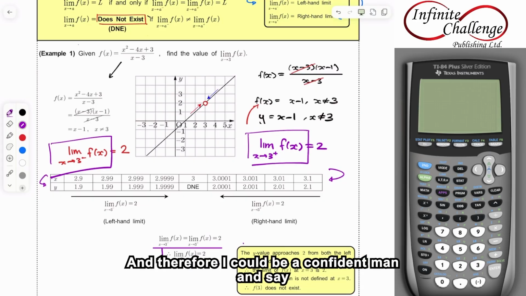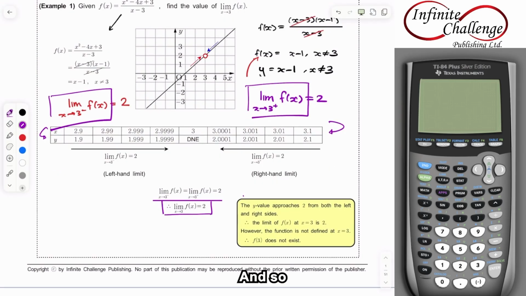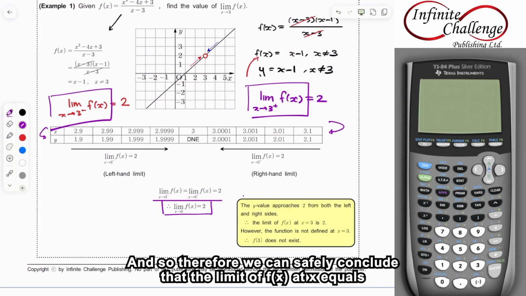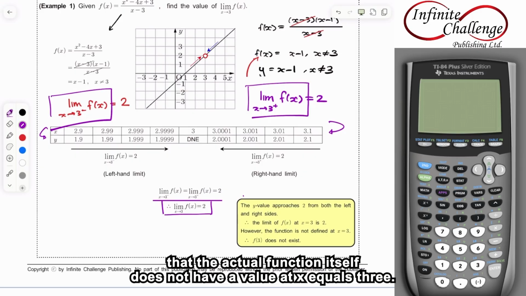And therefore I could be a confident man and say, hey, the limit of f of x as x approaches 3 is just equal to 2. And so y approaches 2 from both the left and the right side. And so therefore we can safely conclude that the limit of f of x at x equals 3 is equal to 2.